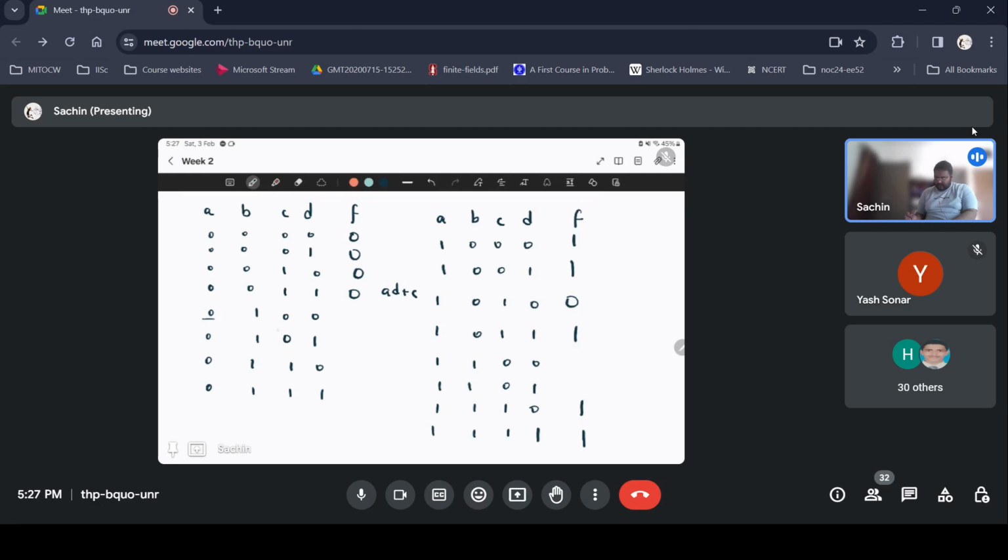Where a is 0, c is 0, d is 0, so this entire thing is 0. Here a is 0, c is 0, d is 1, so again it will be 0. In both these things c is 1, so if c is 1, regardless of what value a and d take, the output will be 1. So both these are 1.